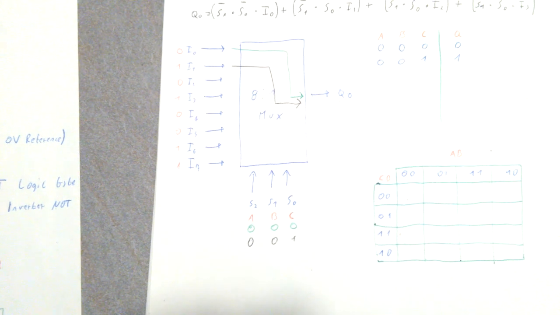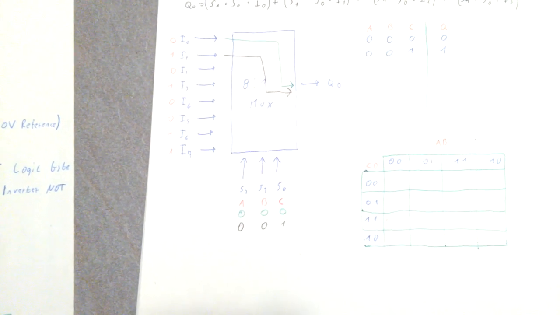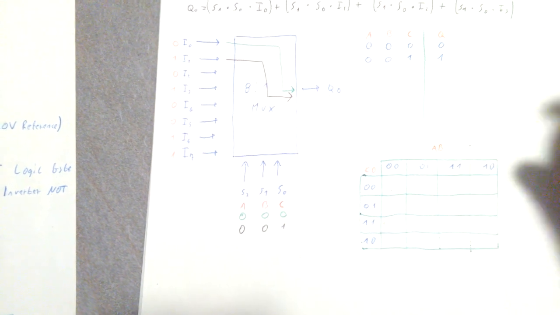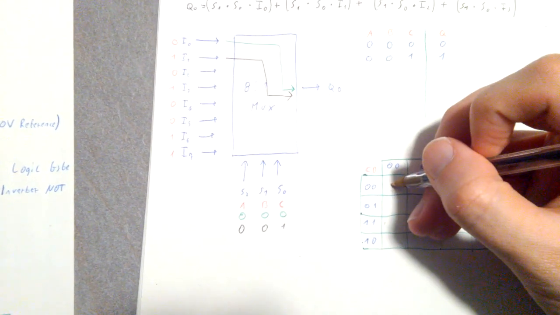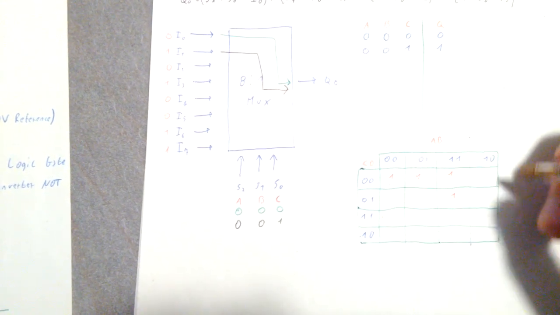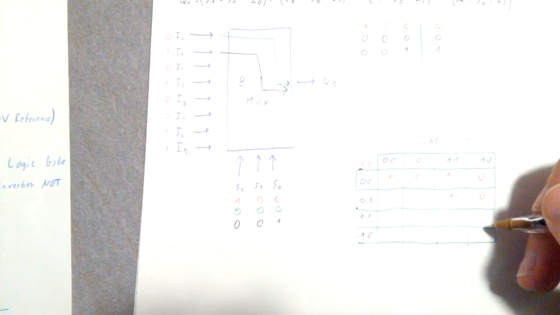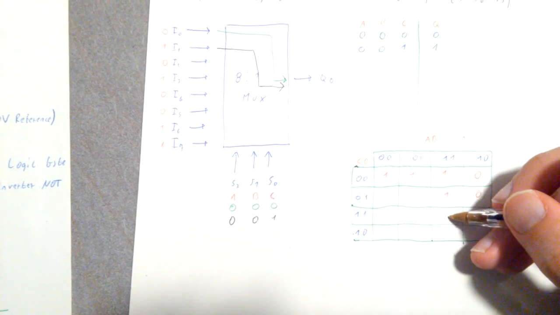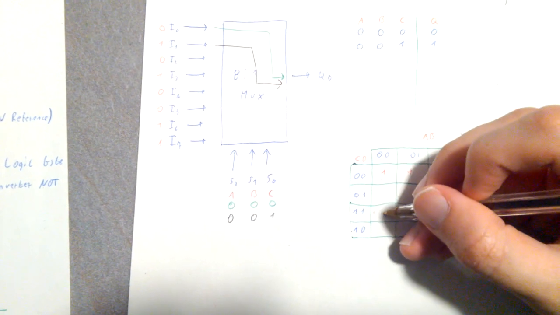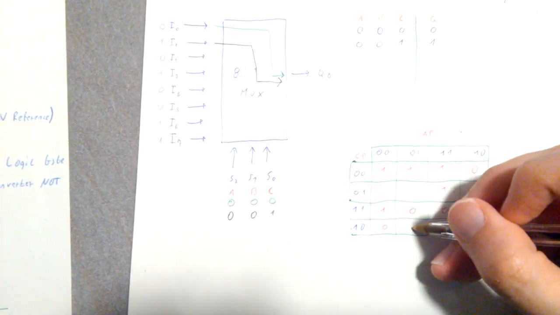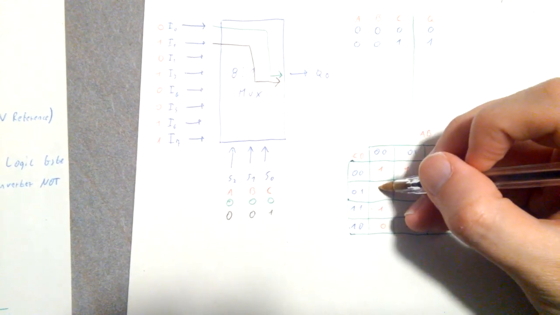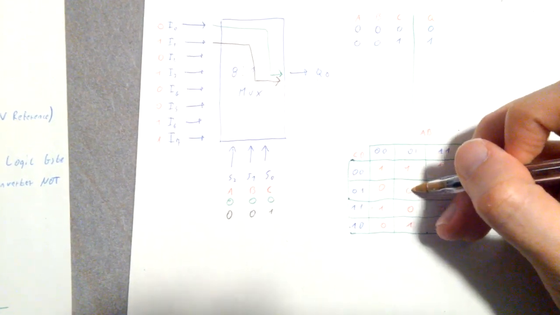Well, first of all, let me just put some values in here. Something like 1, 1, 1, perhaps 0, 0, 0, 1, 0, 1, 0, 1, and then a couple of 0s here.